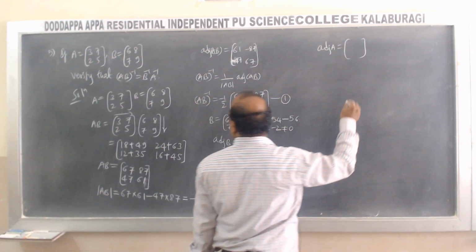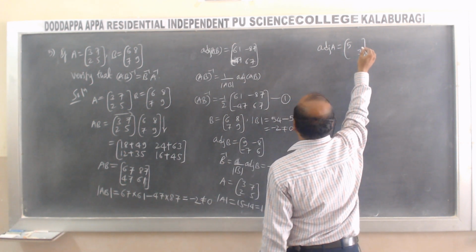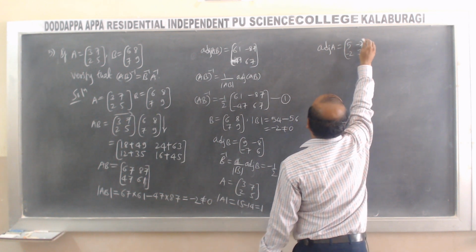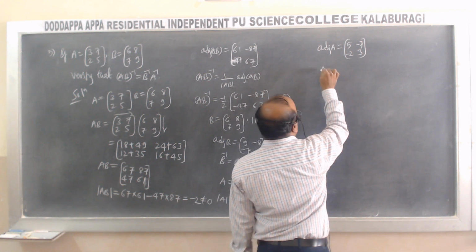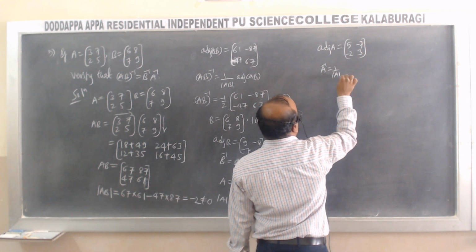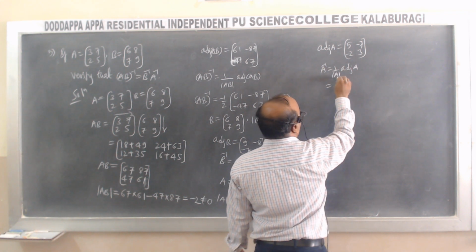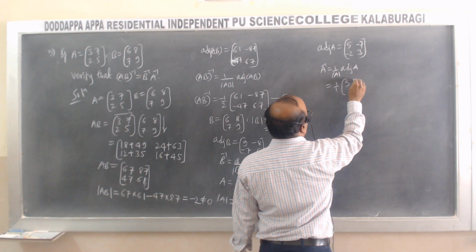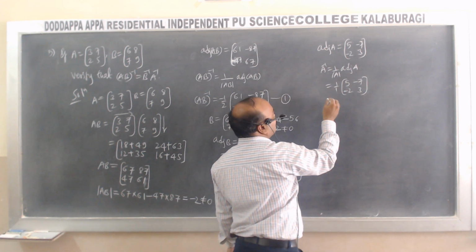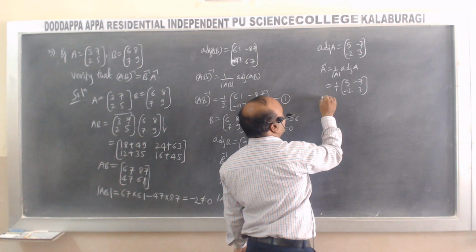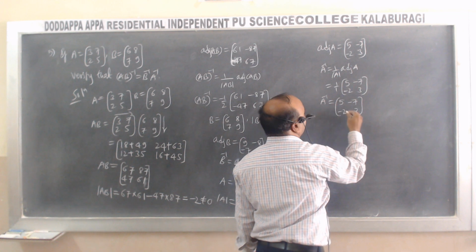First we write 5, 3 and the change of sign is minus 2, minus 7. Now it is the adjoint of A. Then A inverse is given by 1 by determinant of A into adjoint of A. Determinant of A is 1. So 1 by 1 is 1 only, therefore A inverse equal to [5 minus 7; minus 2 3].